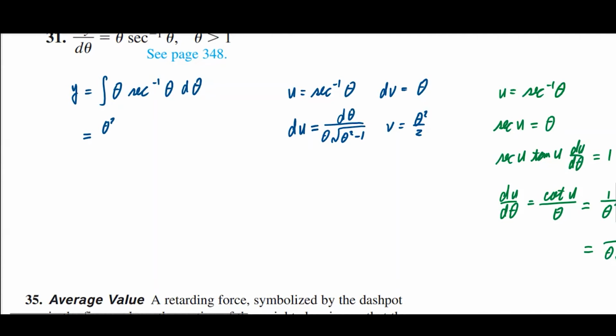So we have theta squared over 2 inverse secant of theta minus the integral of these two. Oh, one of the thetas cancels, so that's nice. So we have theta over 2 square root of theta squared minus 1 d theta.